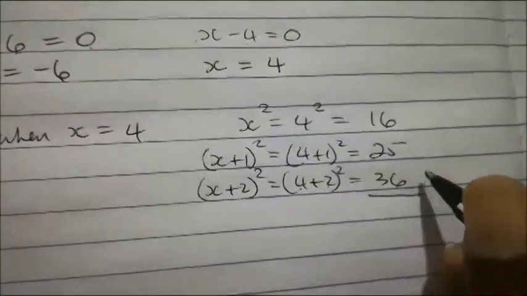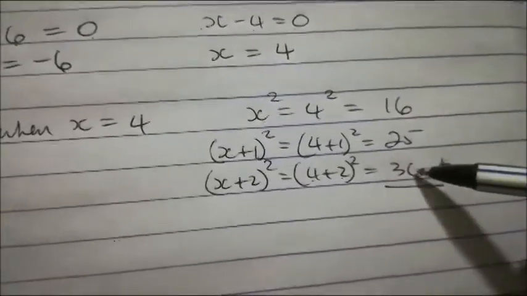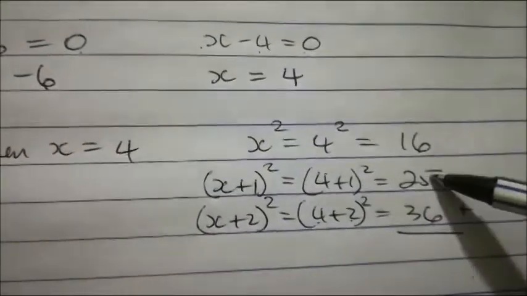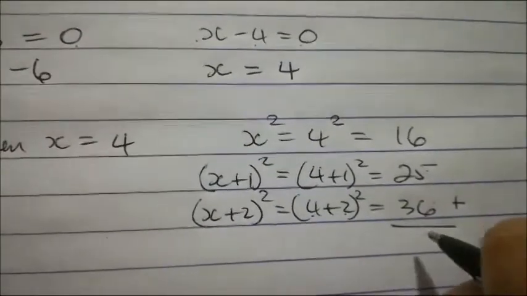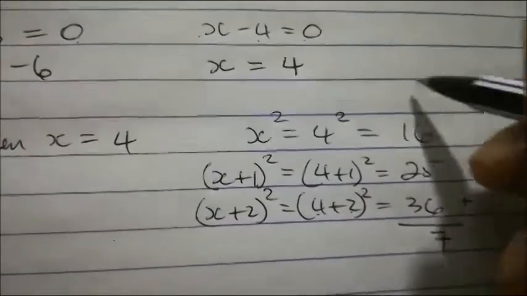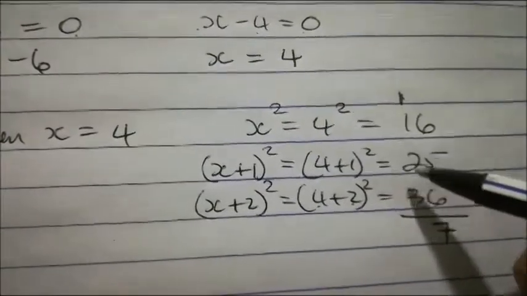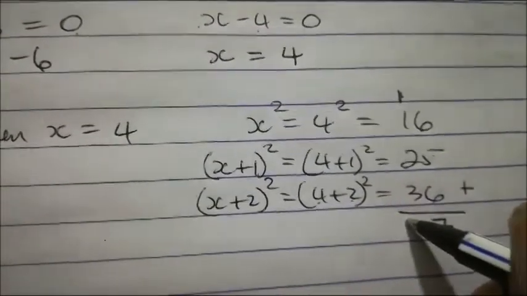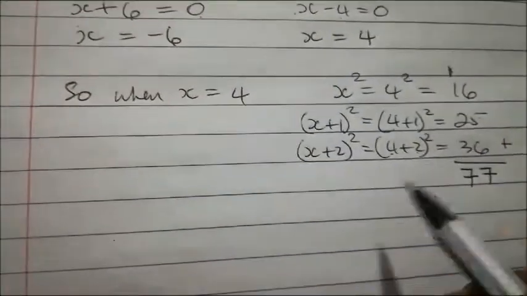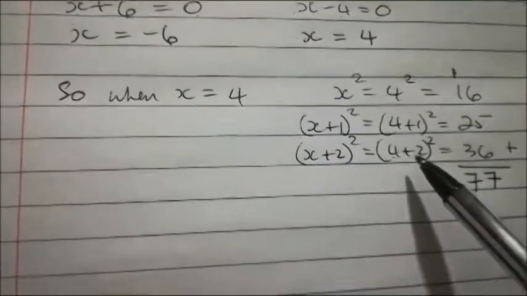Now let's tally these numbers to see if they add up to 77. So 6 and 6 are 12. 12 and 5 are 17. You carry 1. 1, that's 2 and 2, 4 and 3, 7. So indeed, when x is equal to 4, it helps us to determine the numbers.